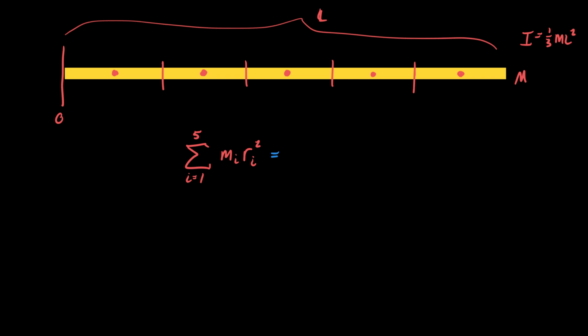All right, so 1/5 M, or M over 5, because I'm breaking it up into 5 pieces. How far away is the first piece's center of mass from the axis of rotation? Sure, 1/10 of L. You guys see that? Any question about how I got 1/10 of L?